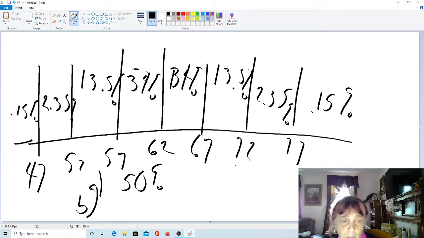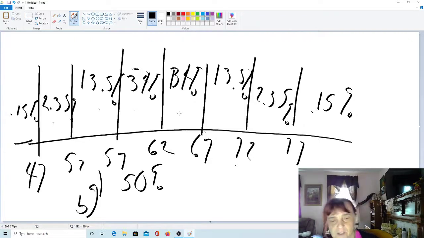And between 47 and 67. It'll be 2.35, 13.5, 34, and 34.